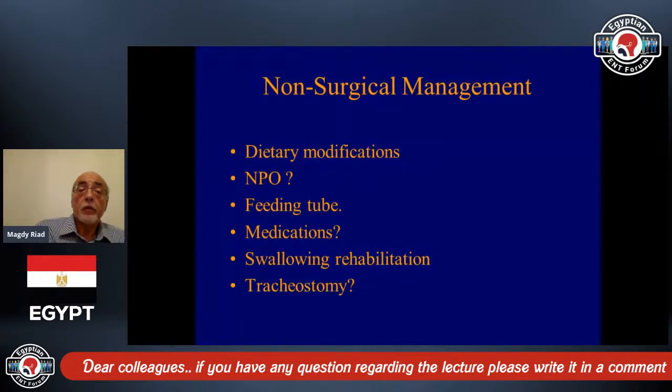And if the patient, of course, is aspirating heavily and developing chest infection, you could instruct nil by mouth for a while to buy time. You could use feeding tubes, at least temporarily.